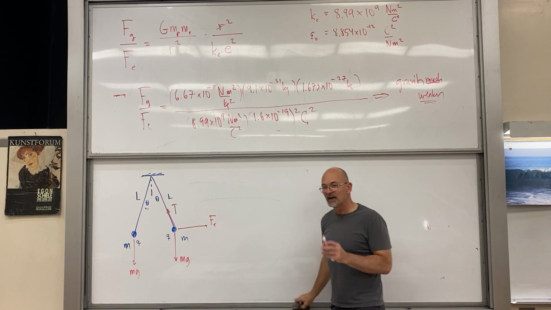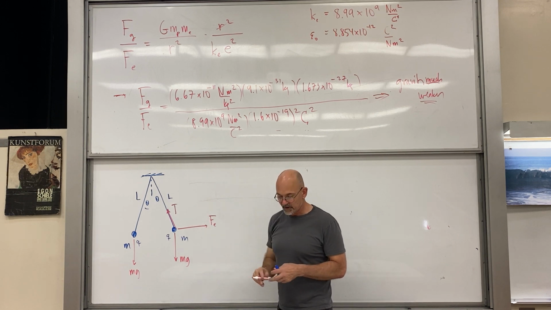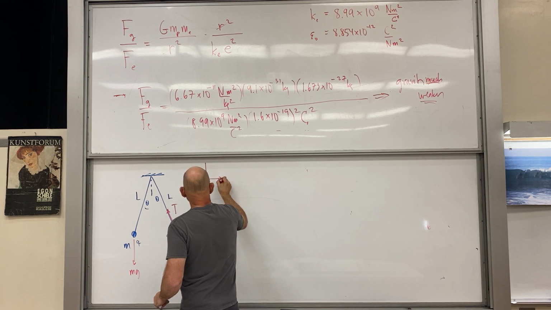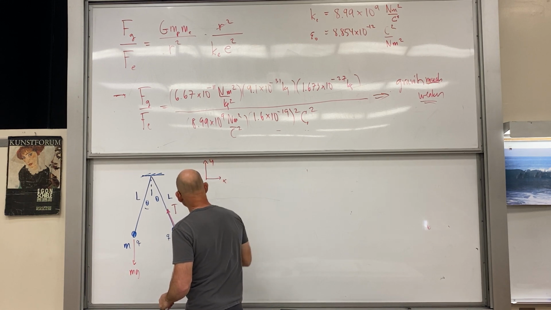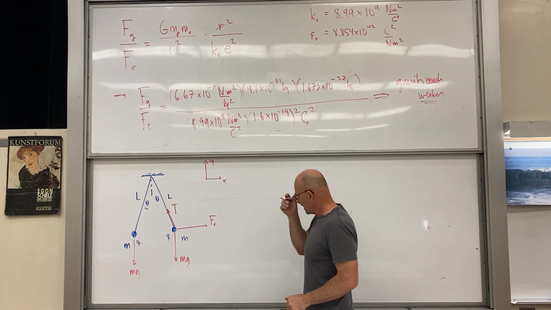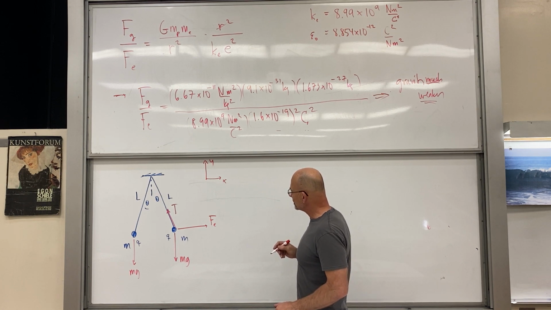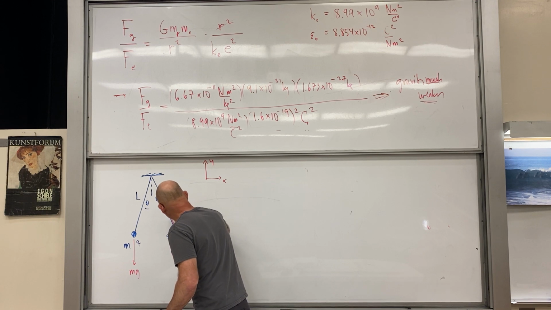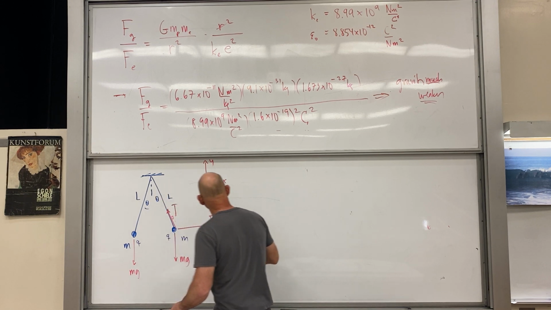Maybe it's been a while since you did one of these, but I know we did these earlier in Physics 4A. So let's go ahead and give this an X and a Y axis. By the way, since there's that angle theta, we've got an angle theta right here.